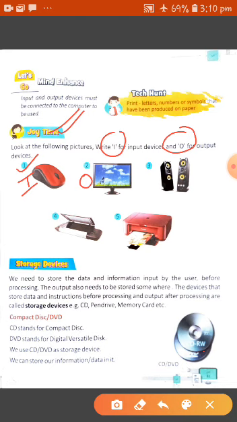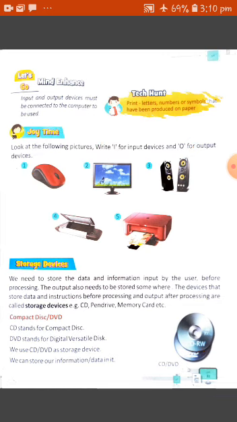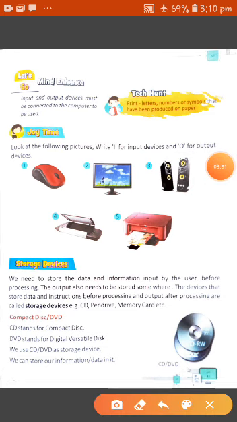Third one is speakers. Speaker is also an output device. Fourth one is scanner, and scanner is also an input device. Fifth one is printer, and printer is an output device.